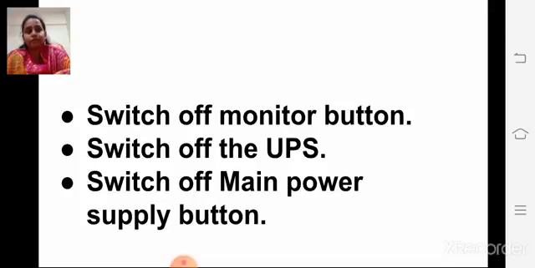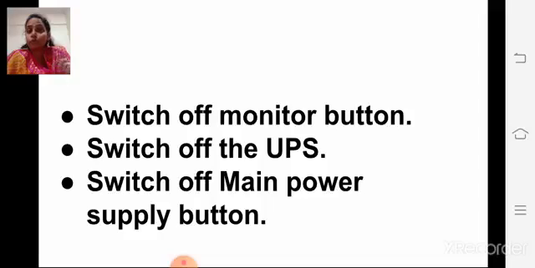After that, when your screen turns full black, then you switch off the monitor button. Then you also have to switch off the UPS button, and the main power supply button, which I showed in the first part of this lesson.